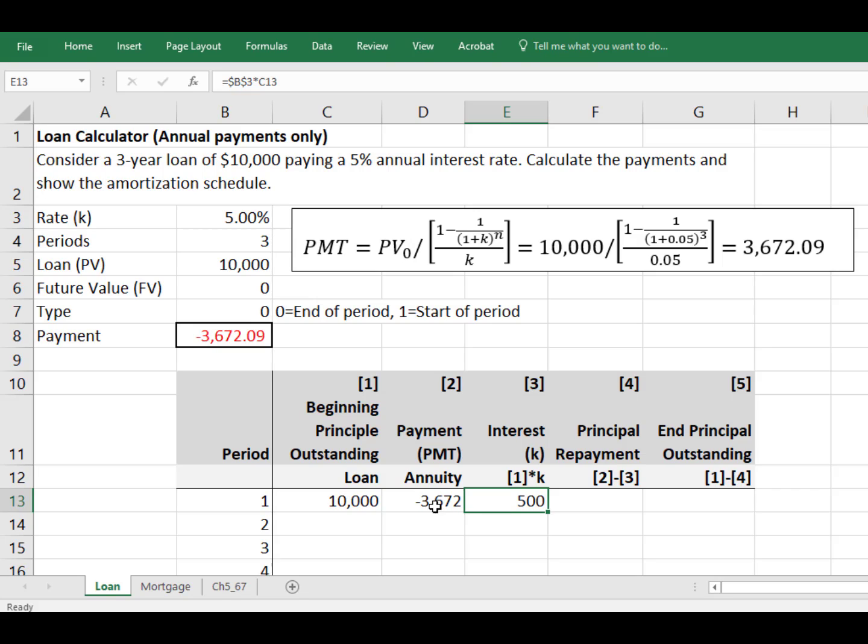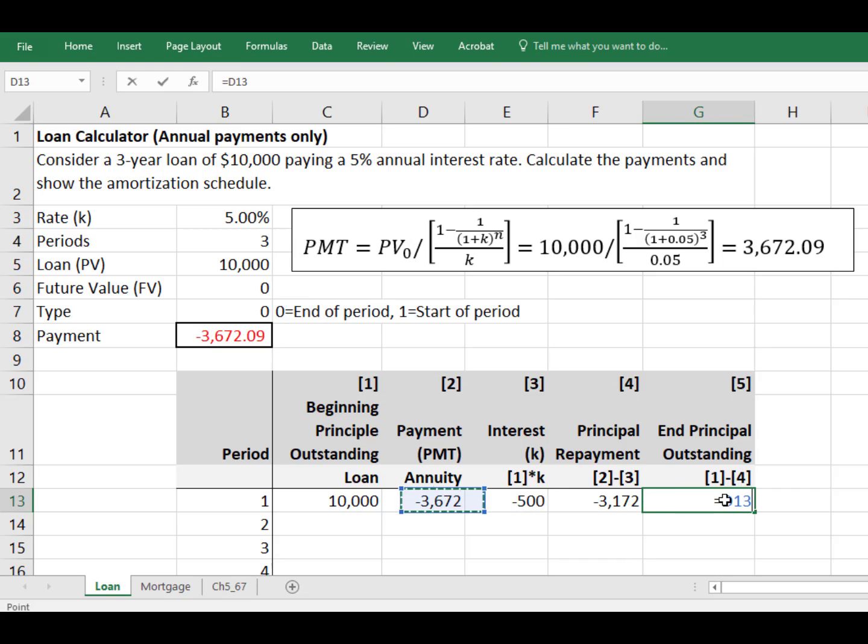If I wanted it to be an outflow or negative, I would have to put a minus sign in front of my cell reference. Okay. That tells me how much of this $3,672 is actually repayment of the principal. Well, we simply have to take the total payment and subtract the amount that goes into the interest payment to find out what goes into principal.